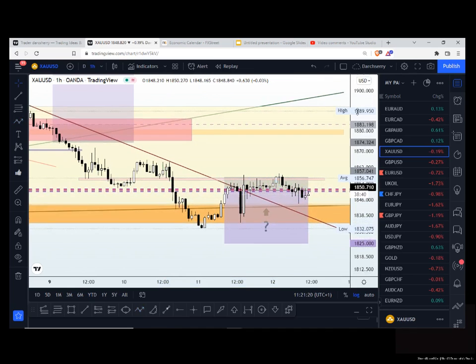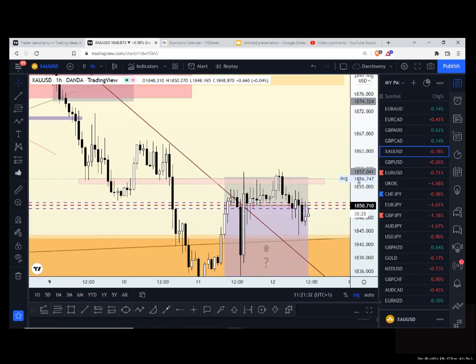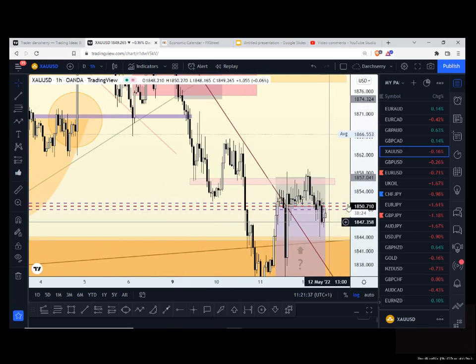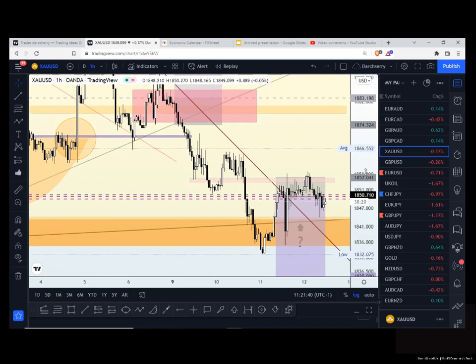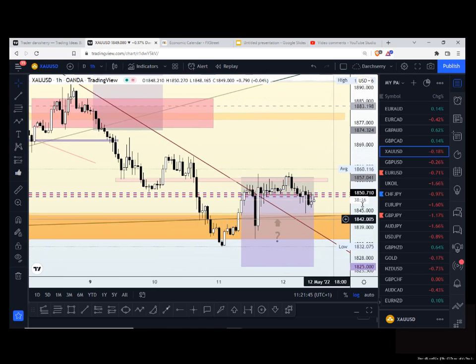So with that being said, I placed three pending orders around this area, one at 1851.562, the other one at 1851.045, and the other one at 1849.90910. All of them have been triggered right now, and I've moved my stop to somewhere close around here because it might be a little volatile in the next couple of hours.